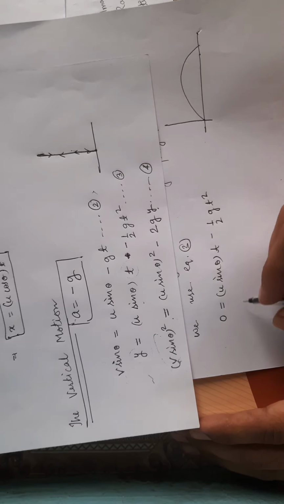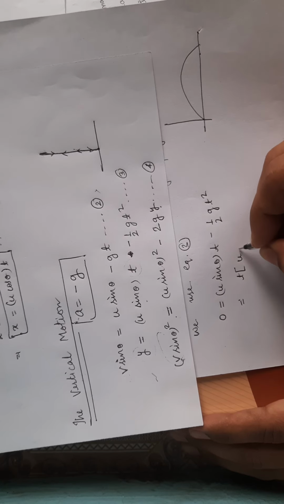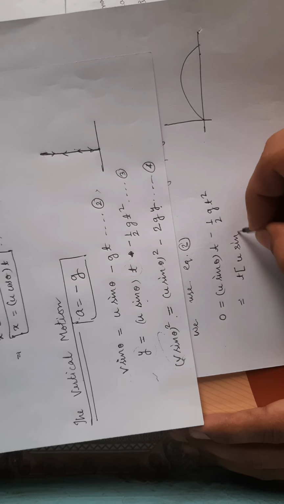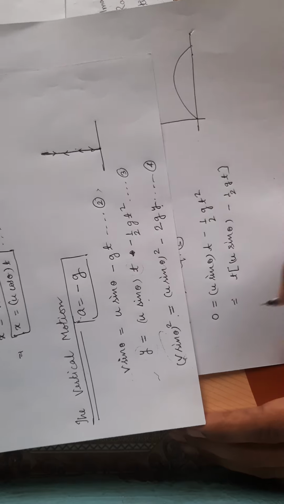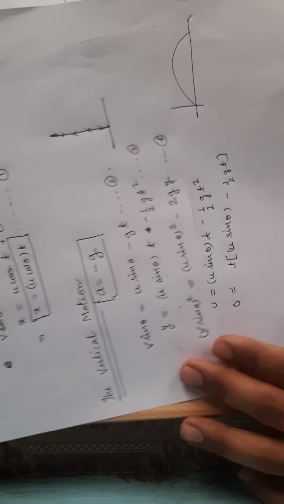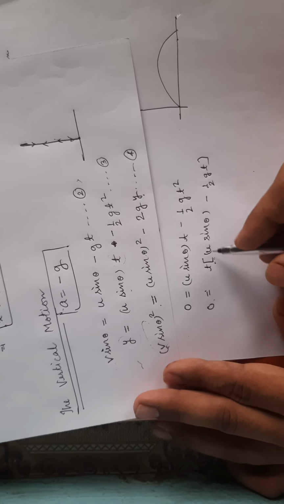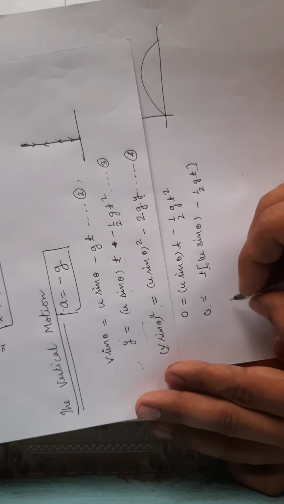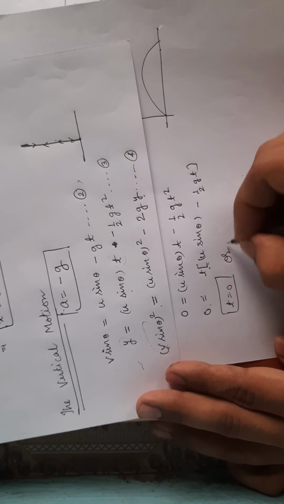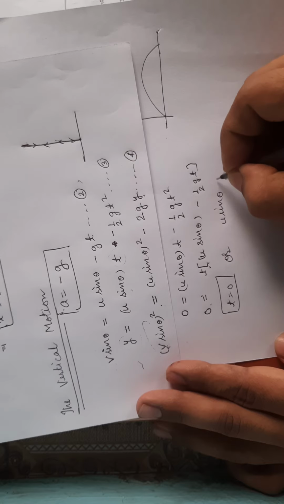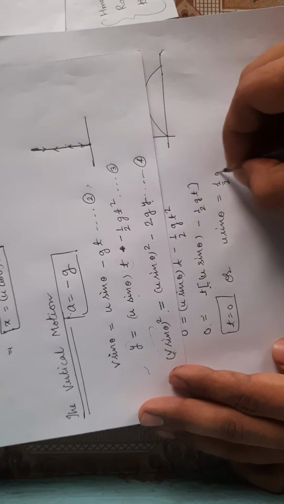On taking t common, the remaining is u sine theta minus half g t, which is equal to 0. Now we know that if the product of two quantities is equal to 0, then they will become separately equal to 0. That is, t is equal to 0 or u sine theta is equal to half g t.